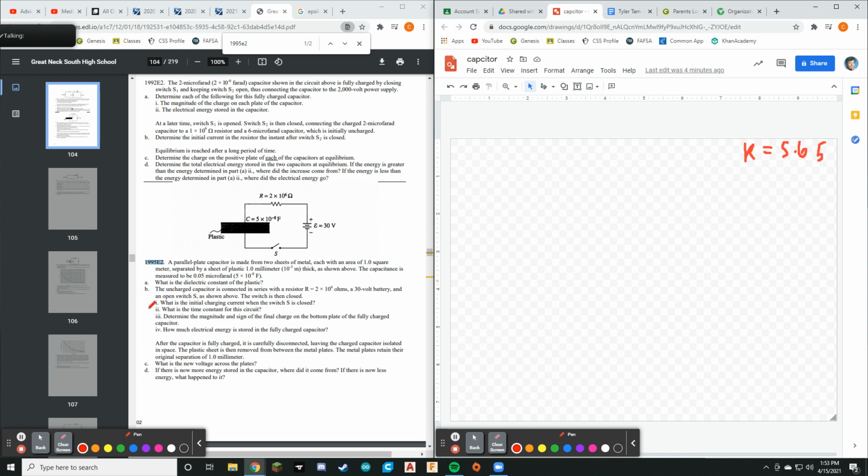Question 2 has multiple parts. First is, what is the initial charging current when the switch is closed? So we know Ohm's law, V equals IR. Rearrange, we get V over R is equal to our current. And then we can just plug in the voltage is going to be 30 volts from the battery.